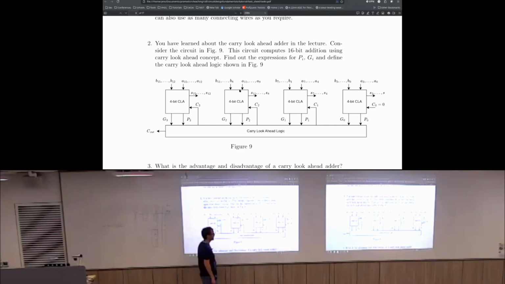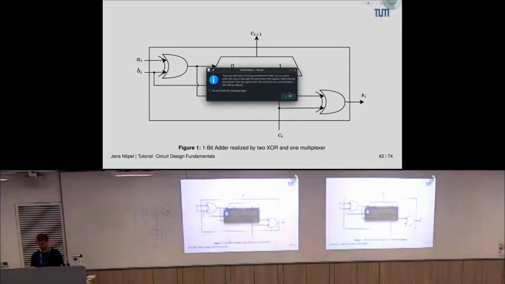Now the question is how do we get P0, G0, P1, G1, P2, G2, and how do we use those to form Cout? So this is going to be the question until the break, and we're going to discuss the results after lunch, so at 14 o'clock. So if you have any questions, please ask. Otherwise, this is the task for now.